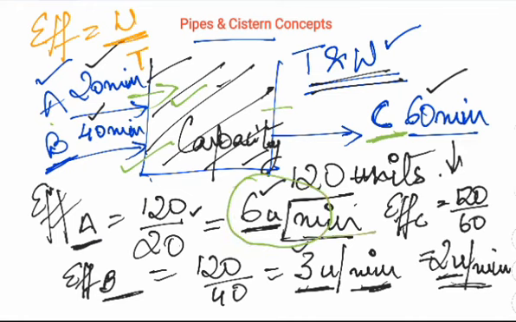We know that per unit of time, in this case, A is filling 6 units in 1 minute. So we can calculate, if it's working for a particular time like 3 minutes or 4 minutes, how much water it is able to fill, and B is 3 units per minute.